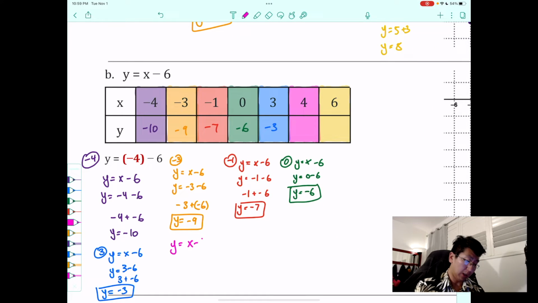Y equals x minus 6. Instead of x, I'm going to put 4 minus 6. Y equals -2. For 6, y equals x minus 6. Instead of x, I'm going to put 6. So 6 minus 6 is 0.